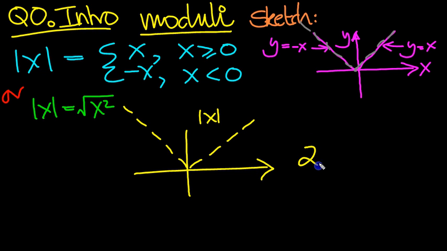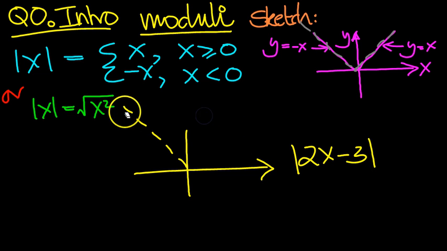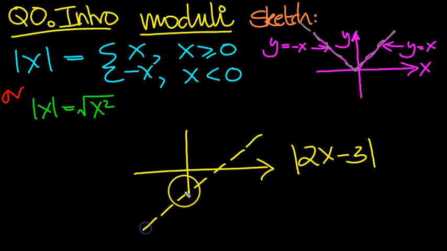So if you had, say, the modulus of 2x minus 3, and you wanted to sketch it, let's have a go at that then. 2x minus 3 is a line of gradient 2, intercept minus 3, isn't it, if you look at the thing inside? So let's just draw that as a dashed line. This intercept would be minus 3 here. Gradient 2, and when this equals 0, x is equal to 3 over 2. That's when it's 0, isn't it?